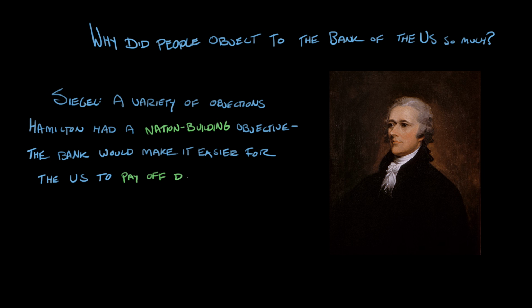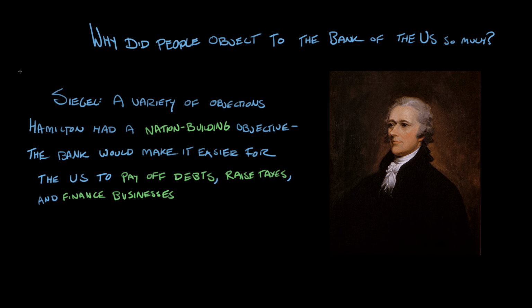He was emphasizing manufacturing and commerce, and a national bank was a key part of his plan. The bank would make it easier for the national government to raise taxes, to pay off debts, to make payments, to obtain short-term loans. The notes issued by the bank could function as a national currency. It could also provide a source of capital for financing businesses.